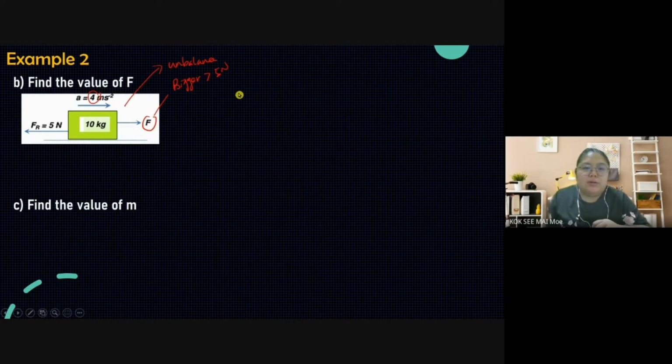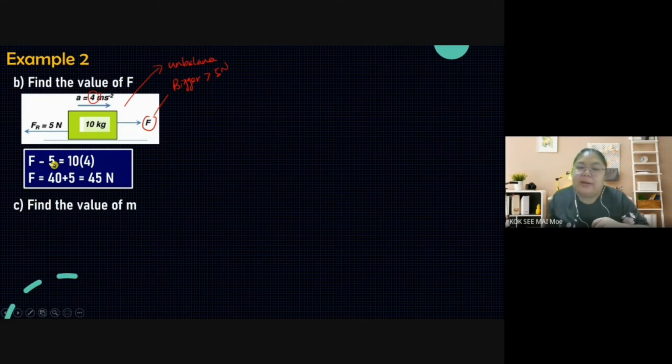So from here I need to show F minus 5, because F is bigger than the 5. Then 10, then after that 4. So I get my pulling force, how many? 45 Newton. Okay, 45 Newton, then I overcome the friction of 5 Newton. Then the box is moving with 4 m/s^2 acceleration.